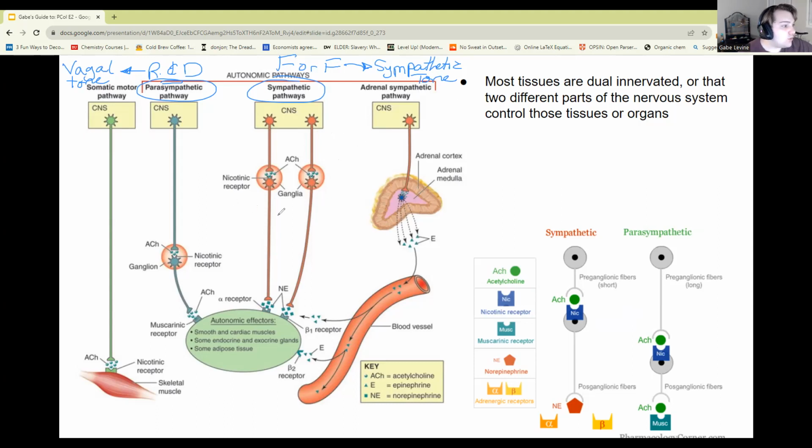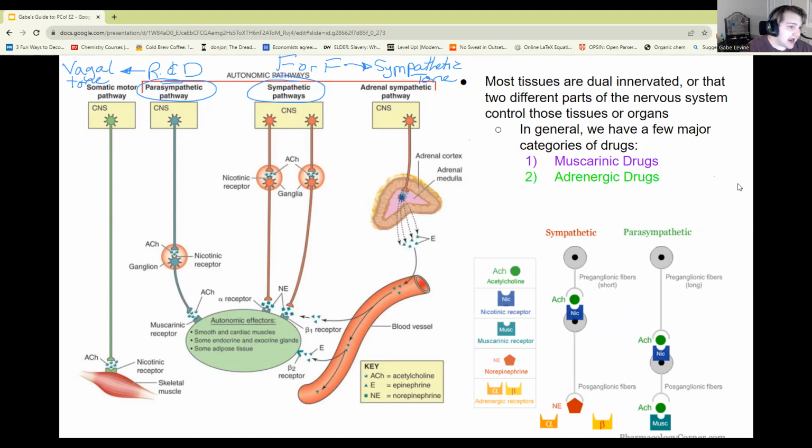And so when we think of these tissues, what I want you to bear in mind is that we have four categories of drugs. We have muscarinic, adrenergic, central nicotinic drugs, and peripheral nicotinic drugs.